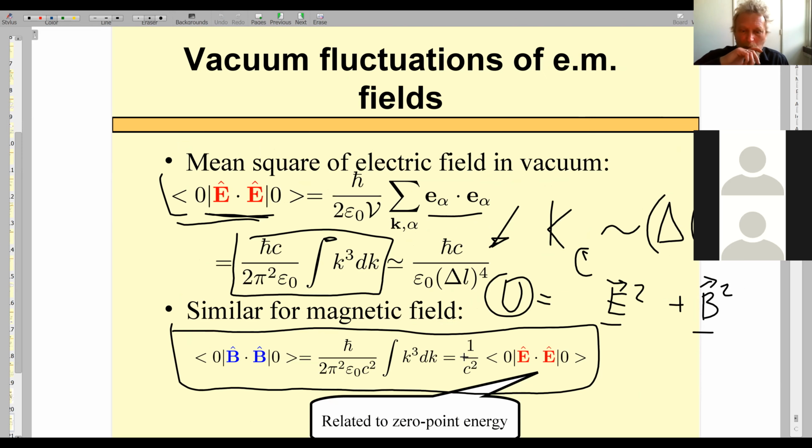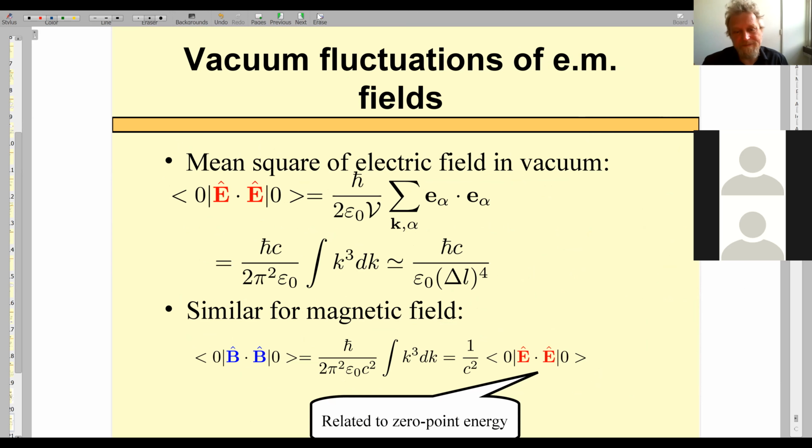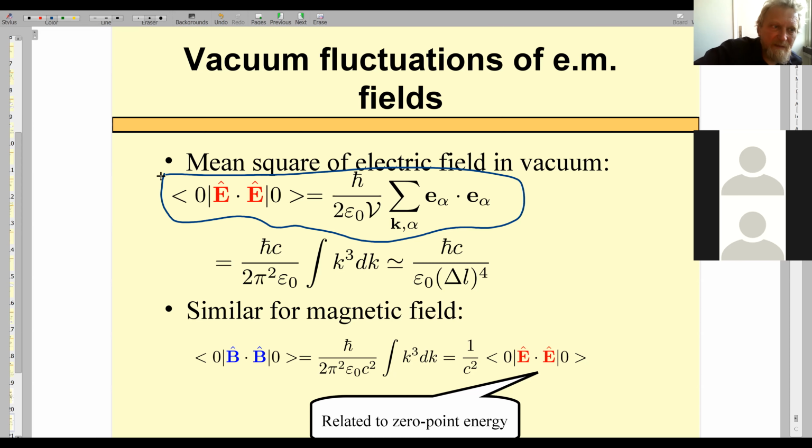Fine. Let us compute fluctuations. It's again, I can use the expressions which we have obtained for general field. That's what I get. And again, it's in principle a divergent expression, right?